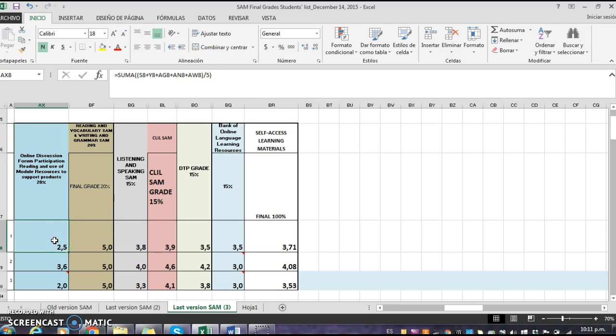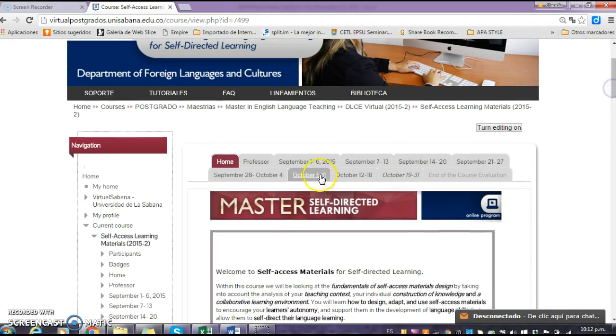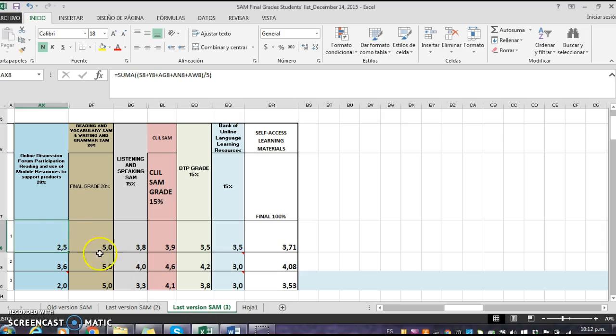Some people failed and some people passed because you didn't comply with the requirements of participation in all the modules. It was not only one, it was 1, 2, 3, 4, 5, 6, 7, and 8 different moments that you had to participate.